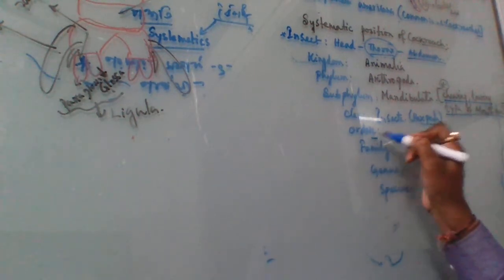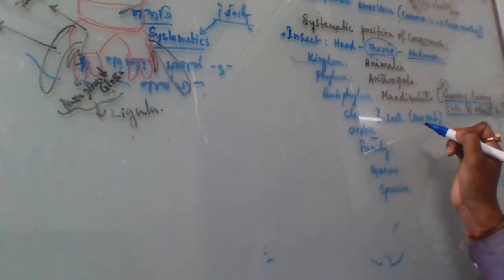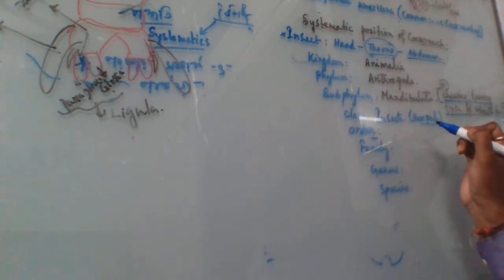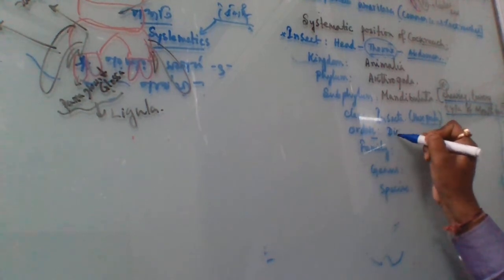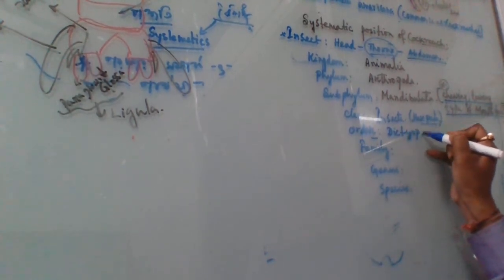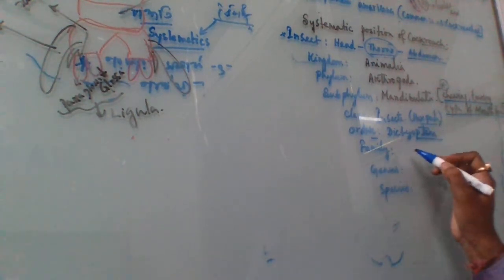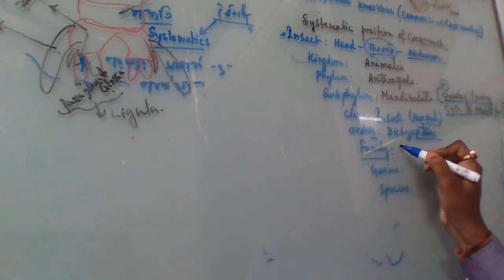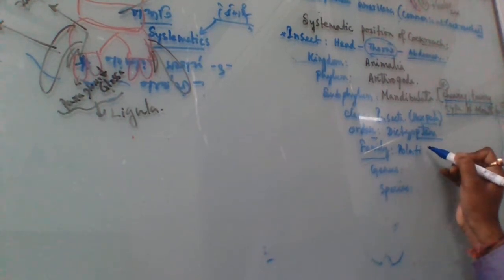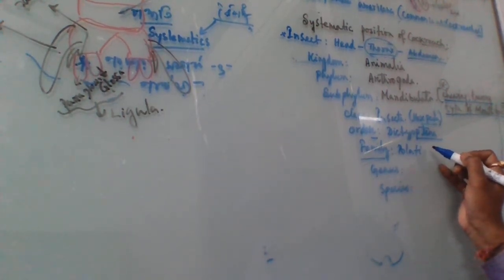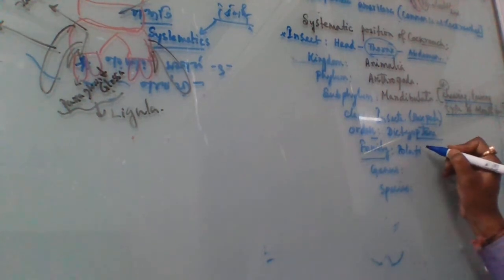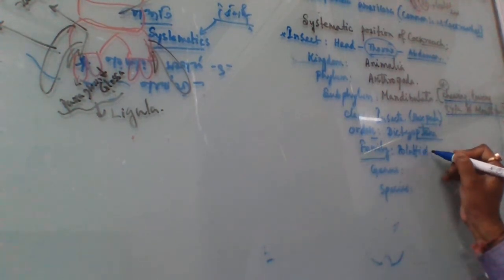Then the order: they are under the order Dictyoptera. Ptera means wing. And family, they are Blattidae.